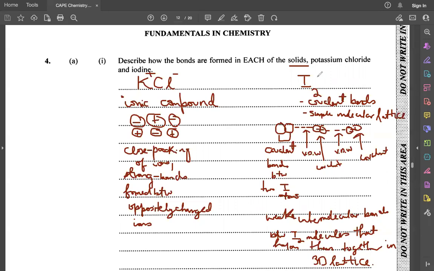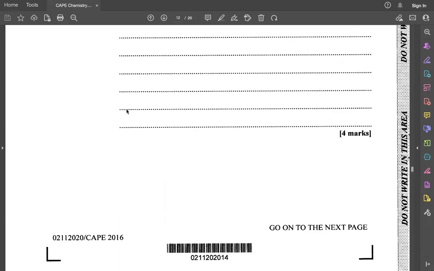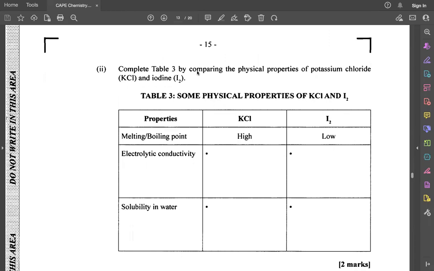All right, so here we go now. Clear this. Okay, so now we're filling out this table 3 by comparing the physical properties of potassium chloride and iodine.